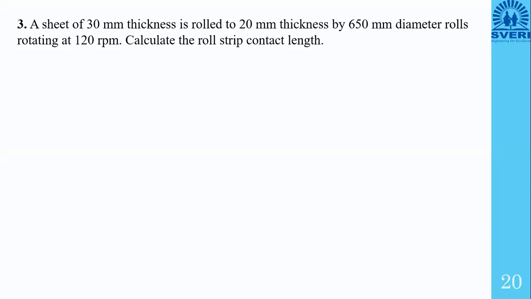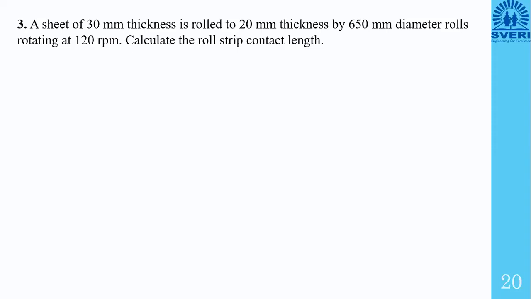So roller diameter is given. What will be the radius? It should be 325. Rotating at 120 rpm. Why is that 120 rpm given? It is just confusing. For some part it is given.